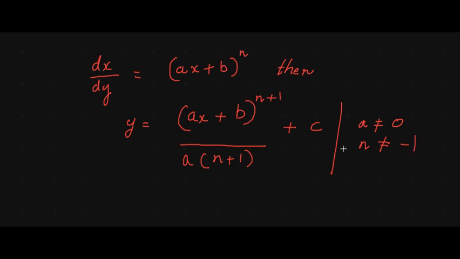So for a not equal to 0 and n not equal to minus 1, if the derivative is of the form (ax plus b) to the power of n, then the antiderivative has to be (ax plus b) to the power of n plus 1, plus c, divided by a times (n plus 1). Okay.